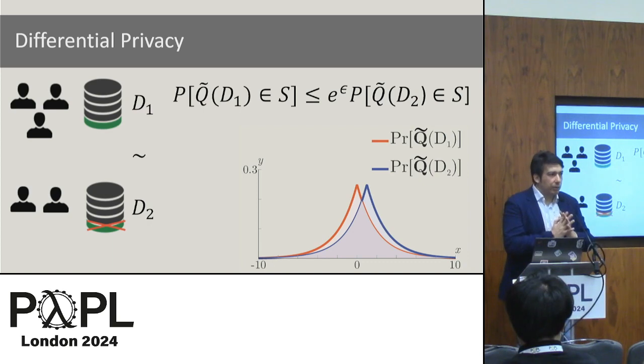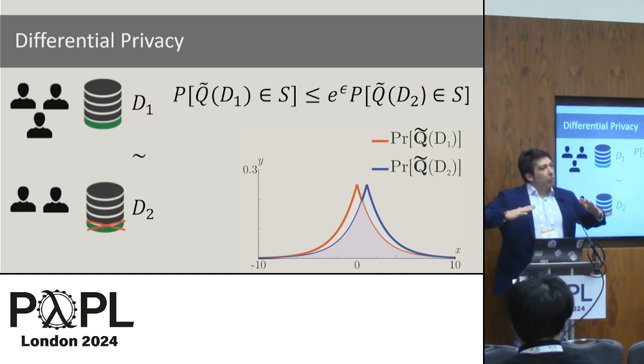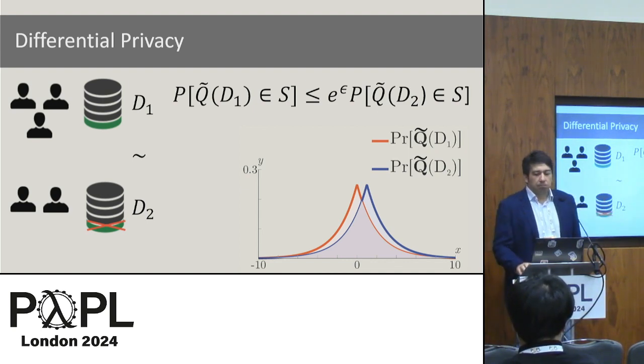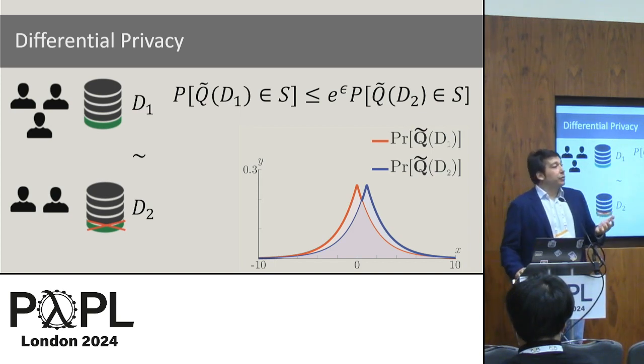The harder it is to distinguish whether the result comes from D1 or D2. The bigger the epsilon, the farther apart the distributions are going to be, and the easier it is to distinguish whether it comes from D1 or D2. It doesn't mean that it's going to be easy, but it's easier. Right, and this definition gives rise to some composition principles that are very useful for writing or building systems.